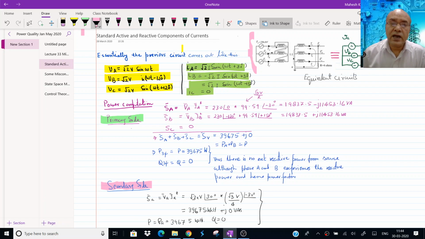IC is 0, IA is root 2 I sin omega t plus 30 degree. The phase shift has come because of the unbalanced load on the secondary side. Okay, secondary side, this is the unbalanced load here. So because of this we get these currents, and these are the voltages on the primary side.